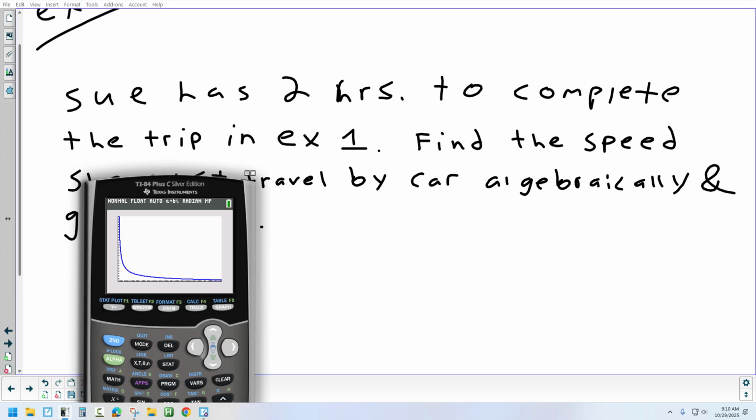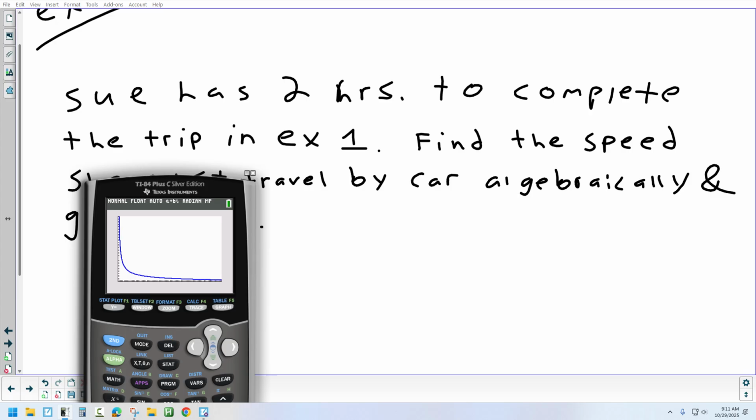Taking into account the direction it's going and the way it's curving and what's going on here. Yeah. As x, or the speed, increases, the amount of time the trip takes decreases. Yep. As the speed of the car increases, the amount of time it takes to complete the trip decreases. We can say one more thing in relation to it decreasing.